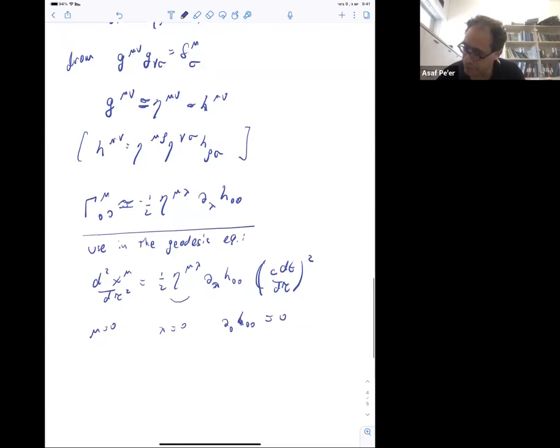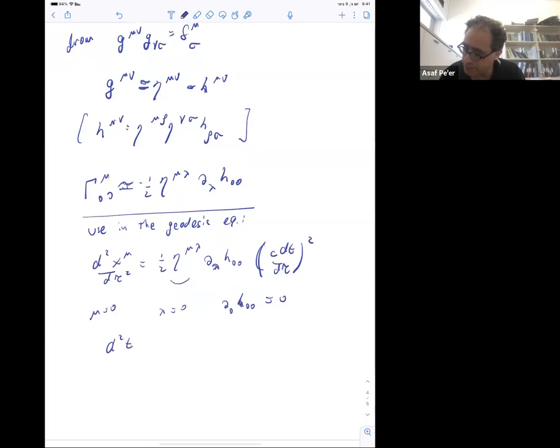And so what we are left with is that d squared t over d tau squared is equal to 0, or dt over d tau is constant. Which again makes sense: in the weak field, we're traveling much slower than the speed of light, so our time coordinate is equal to the proper time.